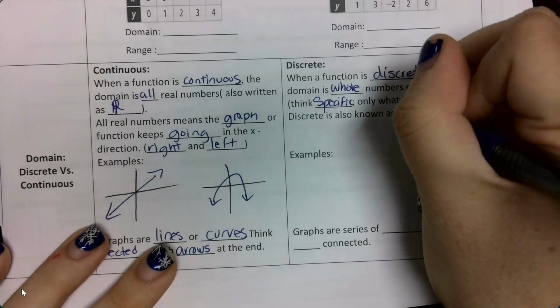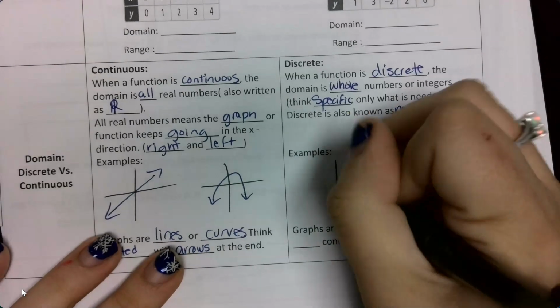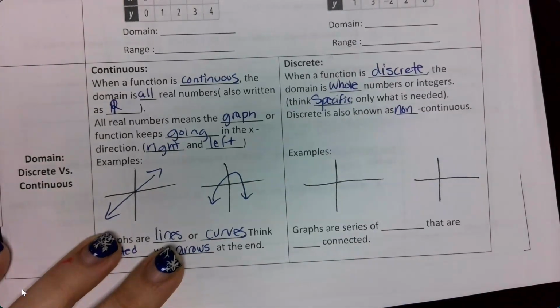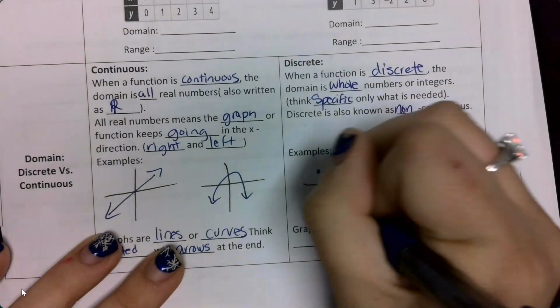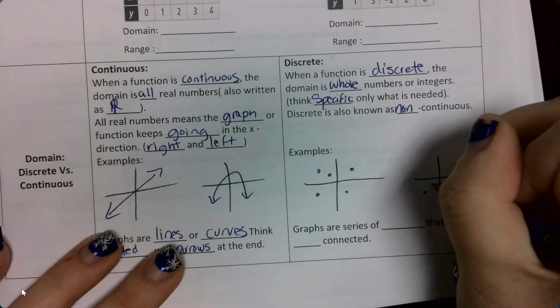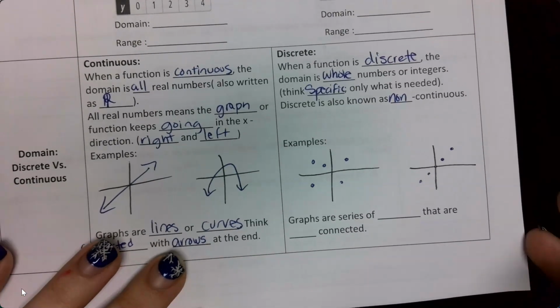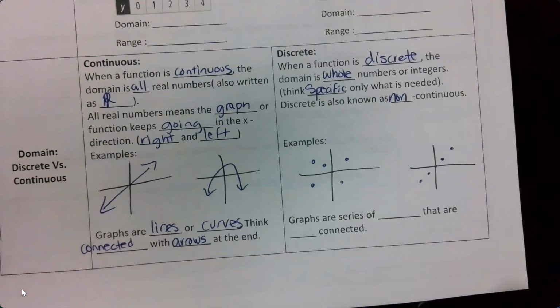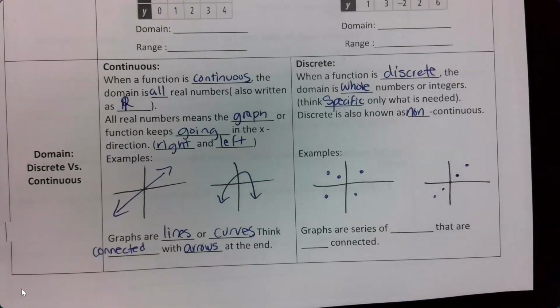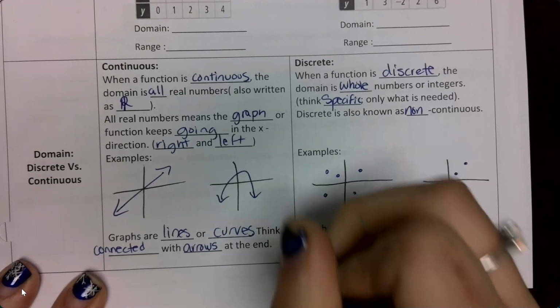Discretes are also known as non-continuous. So I can have just a bunch of random points, or I can have points that look like they make a line. So these ones are a series of points that are not connected.